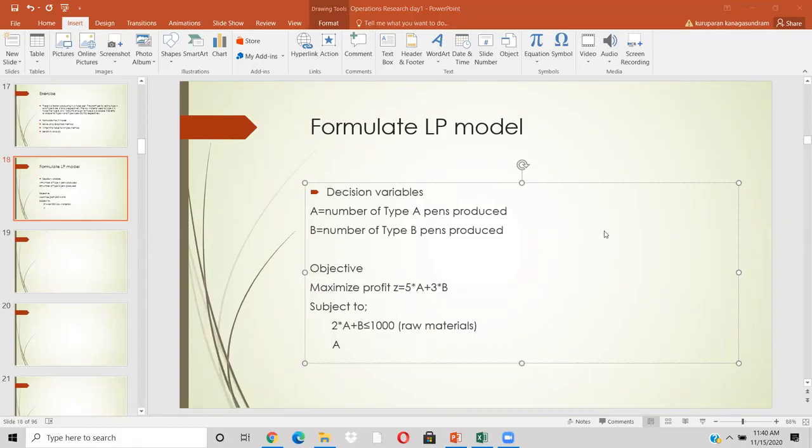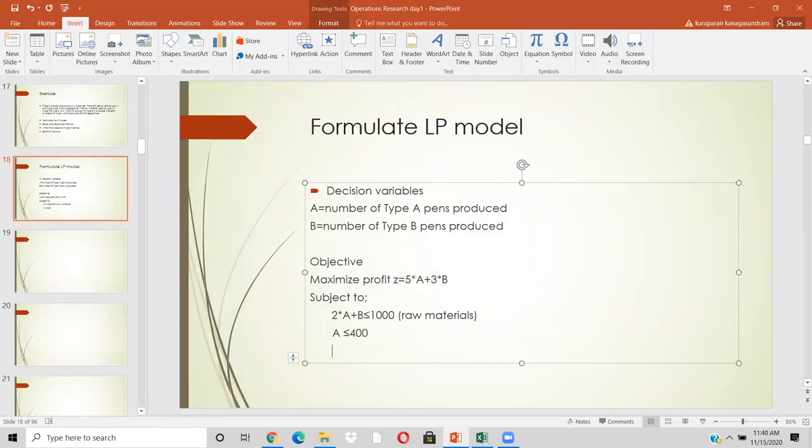So A should be less than or equal to 400. We can only produce a number of pens less than or equal to 400.